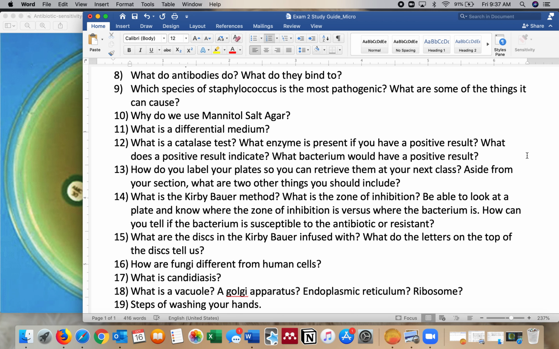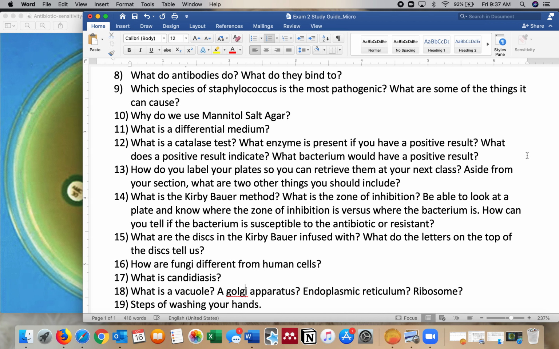So, antibodies. We kind of talked about this in some of my classes. I don't know if all classes had time, but antibodies are basically Y-shaped proteins, and they attach at the Y-shaped side to anything that your body considers pathogenic.